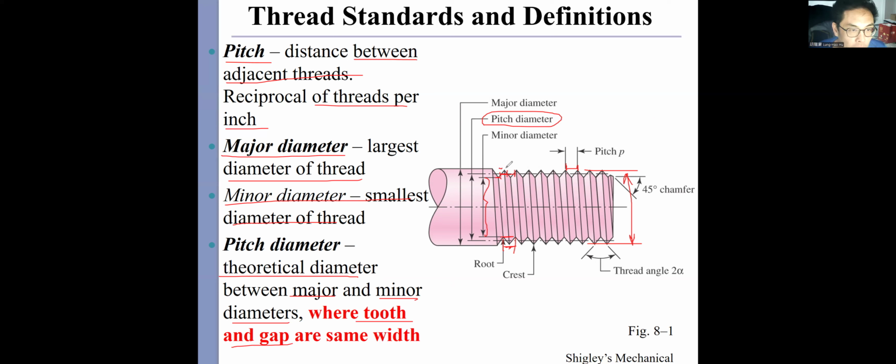When these two widths are the same, we can define the distance where the gap and the tooth are the same width as the pitch diameter right here.